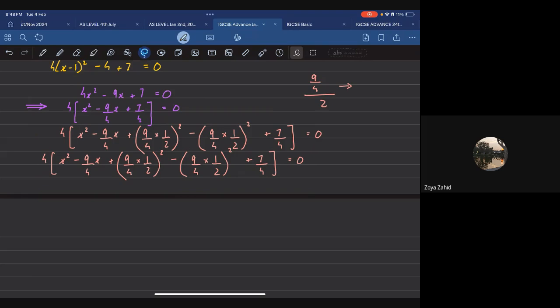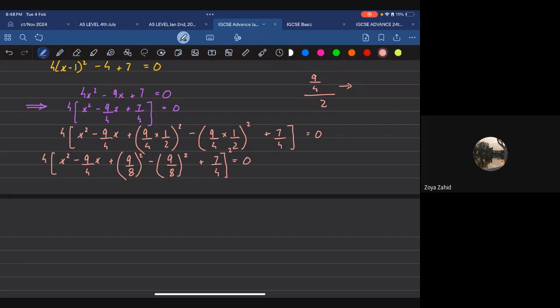So what is going to be the simplification of 9 over 4 times 2? 9 over 8, I think. Yes, it's going to be 9 over 8 whole squared minus 9 over 8 whole squared plus 7 over 4 with the bracket.